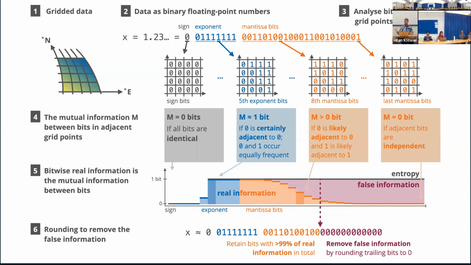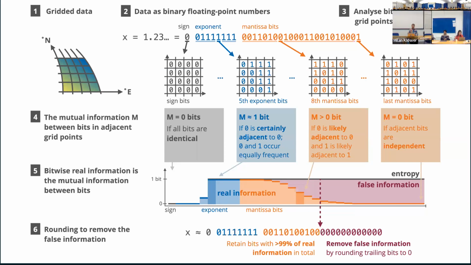So if you have a matrix of 100 by 100 entries, then you have 10,000 numbers in it. So for the sign bits, you would have 10,000 zeros and ones, and you check which one is followed by which in those 10,000 sign bits. And then you do it independently on the next 10,000 first exponent bits, on the next 10,000 second exponent bits.